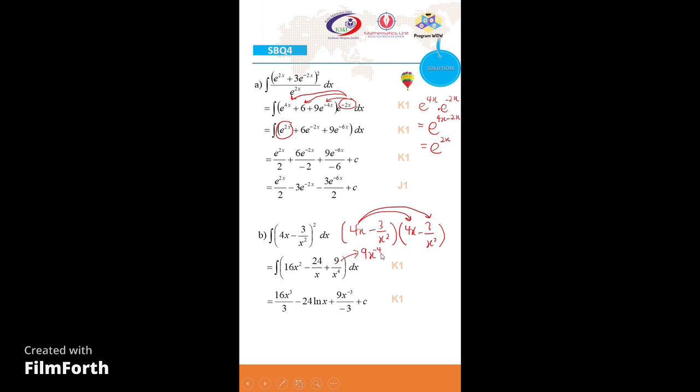So power of negative 4 will plus 1, so that's why you will get negative 3. And then divide with the new power, negative 3, and then plus c. When you have done your integration, you need to add c. Okay, then simplify, and then you get your last mark.